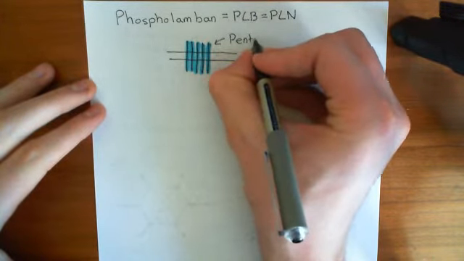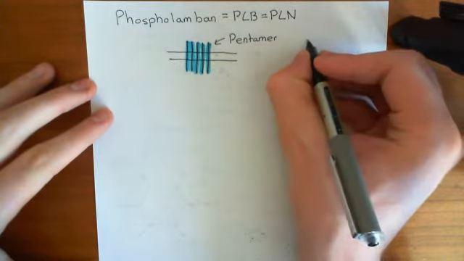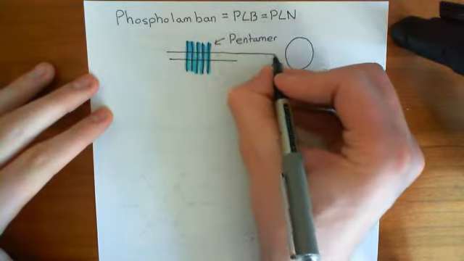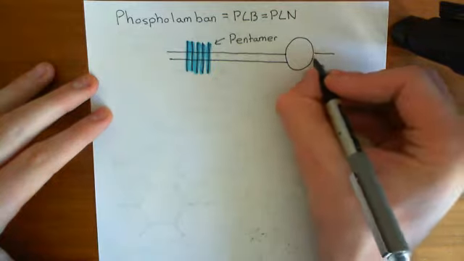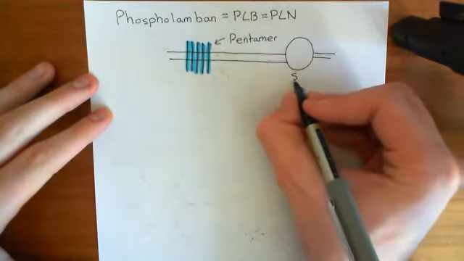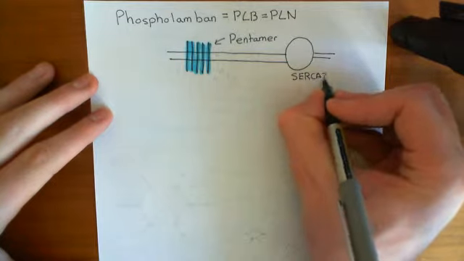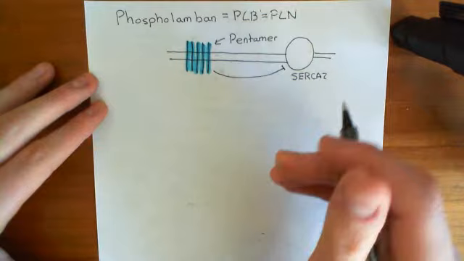Right, now the job of phospholamban is to inhibit the SERCA pump. So if we draw a SERCA pump over here, then the role of phospholamban is to go and bind to the SERCA pump over here and stop it from functioning. So this is SERCA2. So it modulates the role of SERCA by inhibiting it.